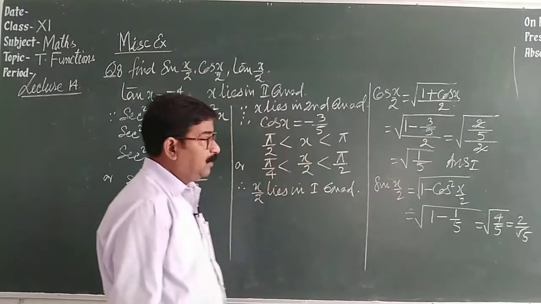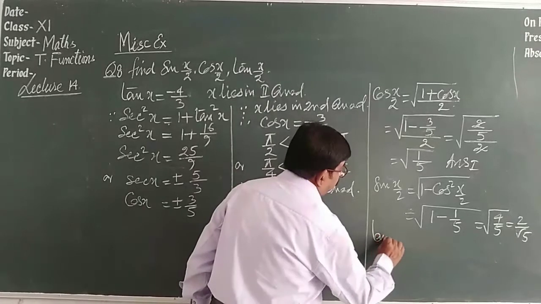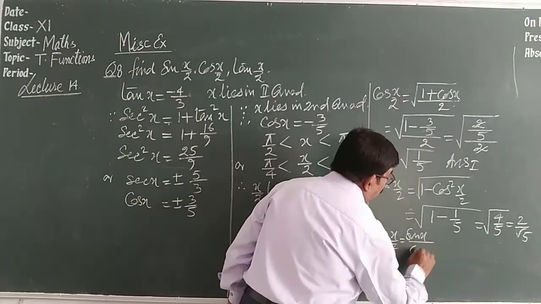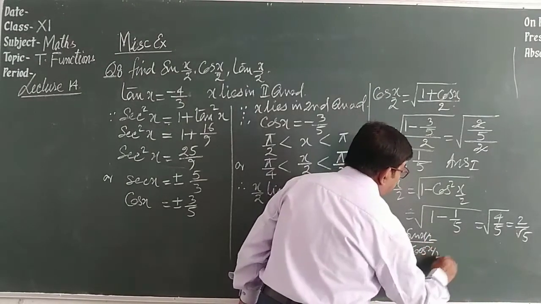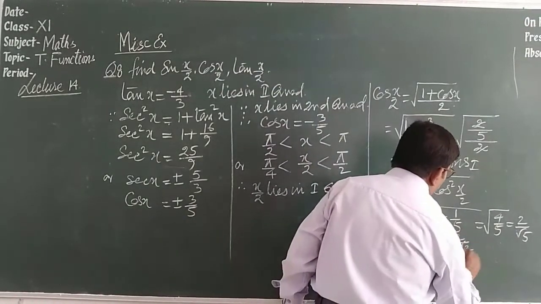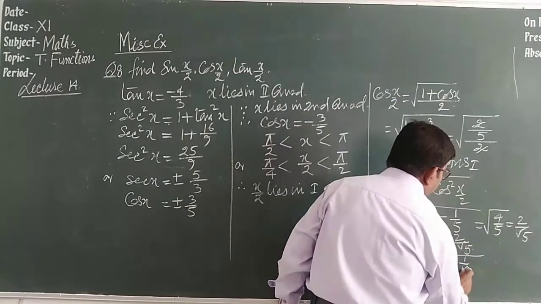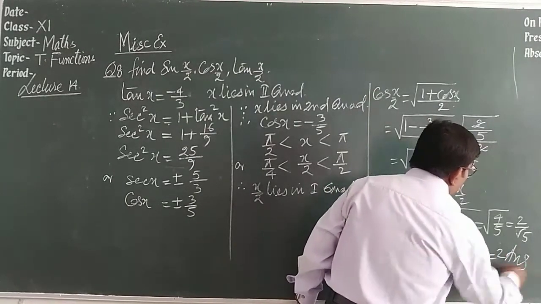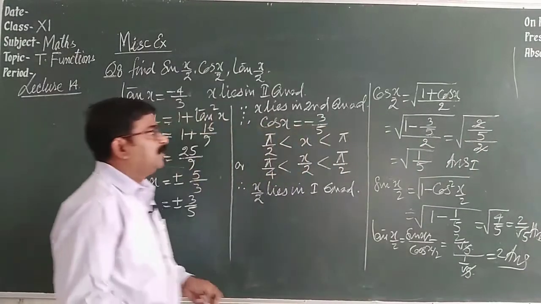If you want to find tan x by 2, it is sin x by 2 upon cos x by 2. Sin x by 2 we have 2 upon root 5 upon 1 upon root 5. The answer is 2.